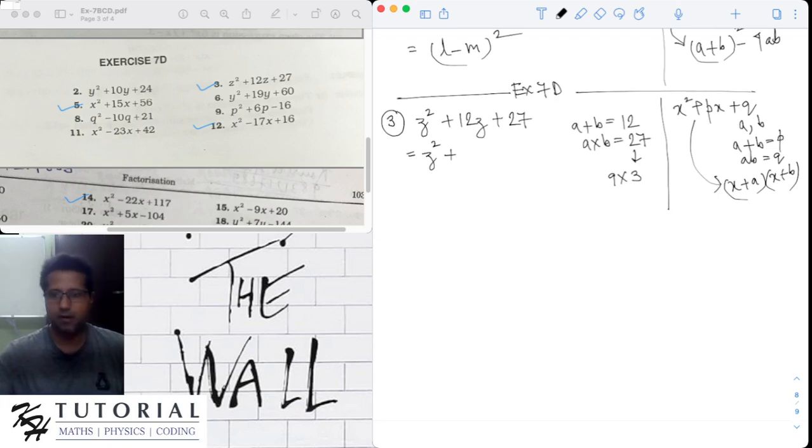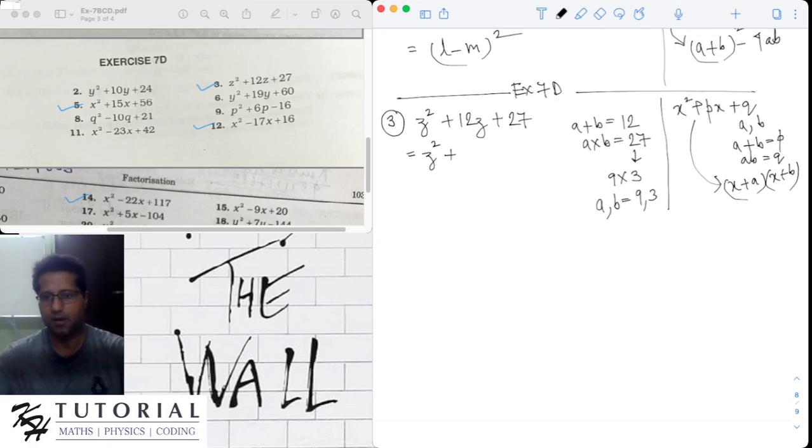You have to find a and b such that a plus b will be equal to p. So for this problem, we immediately found that a and b are 9 and 3. You can consider a as 9, b as 3, or a as 3 and b as 9.